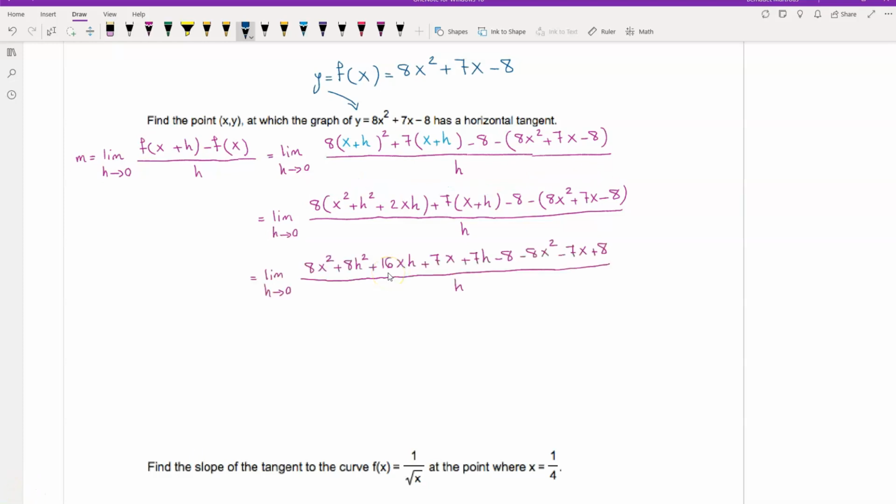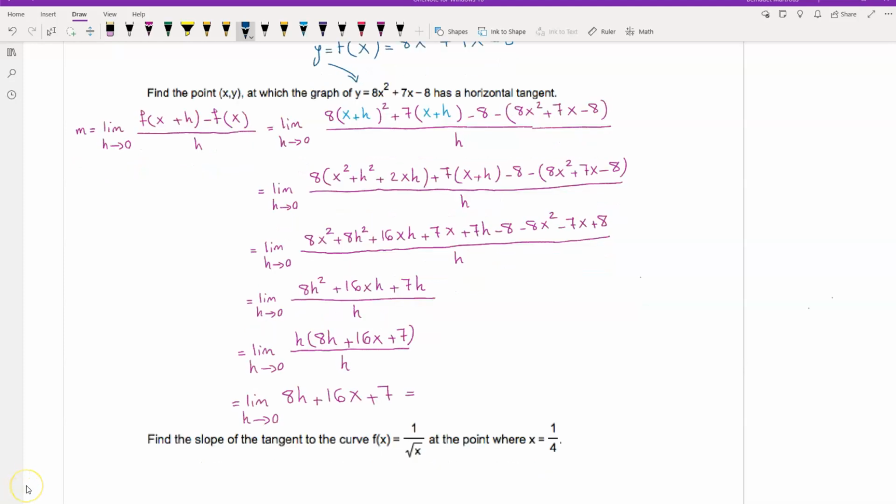Now combine like terms. What we have in the numerator after combining like terms is 8h squared plus 16xh plus 7h. Now factor out h and simplify. So what we have is 8h plus 16x plus 7.